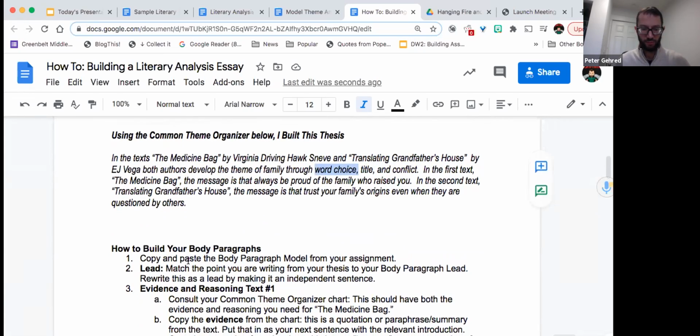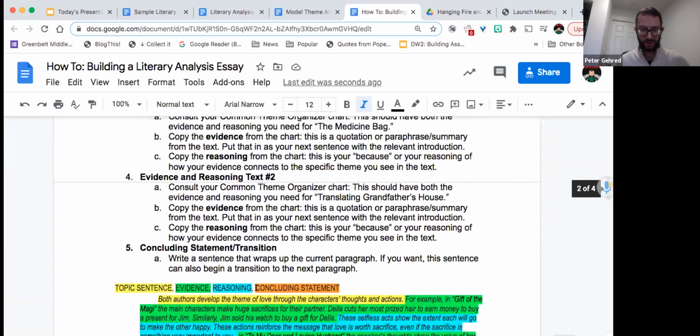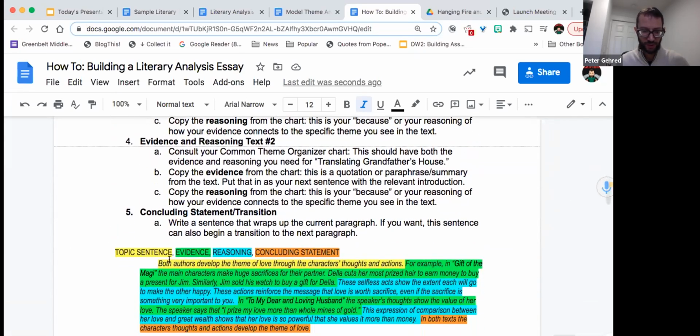So match a point you're writing from the thesis to your body paragraph. Rewrite the lead by making an independent clause. You can even use their model: both authors developed the theme of love through the characters' thoughts and actions. If we just want to be very derivative, very copycat, which is not a terrible way to be when you're beginning, you can build from there.